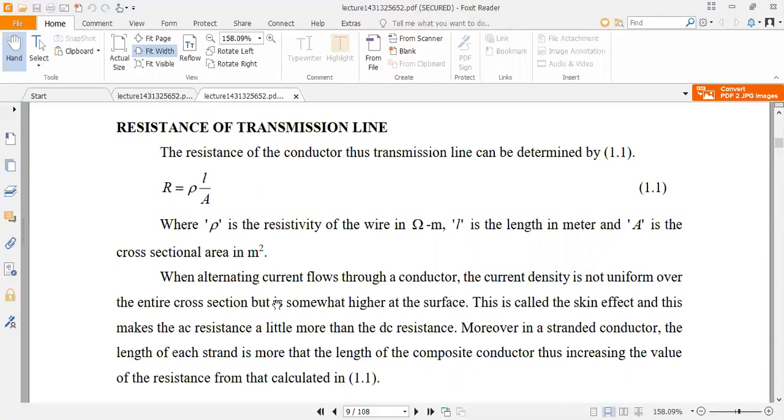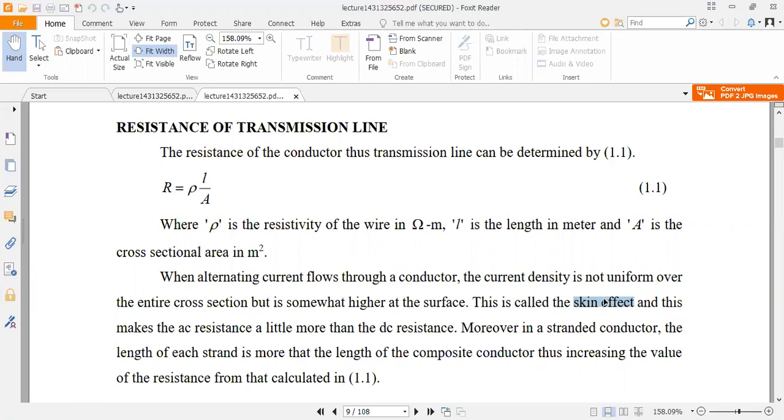Keep in mind always that when we talk about alternating current in the transmission line, there is a major effect that is produced, that is the skin effect. When the AC current is flowing, the skin effect will be produced.